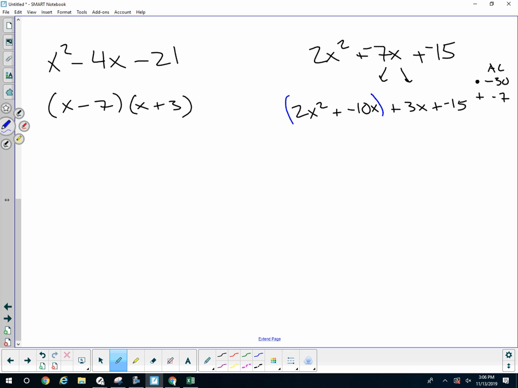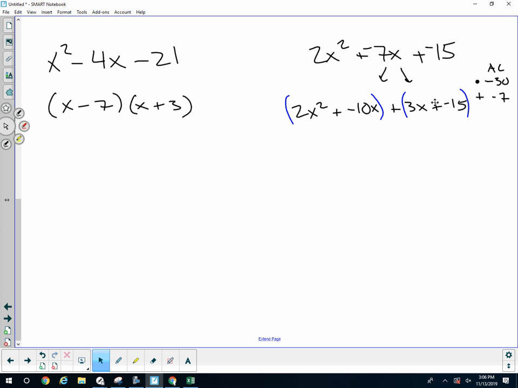Split this into two groups of 2. Factor out all you can from the first. Factor out all you can from the second. After you do that, if everything works out well, you should have the same thing left over in both of these parentheses.